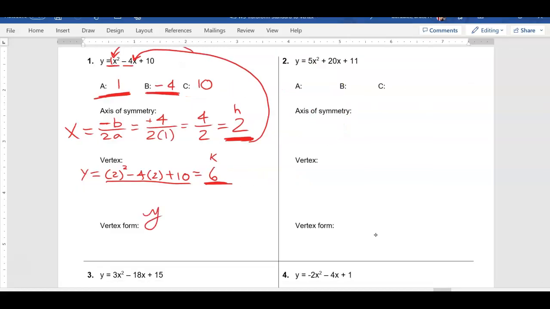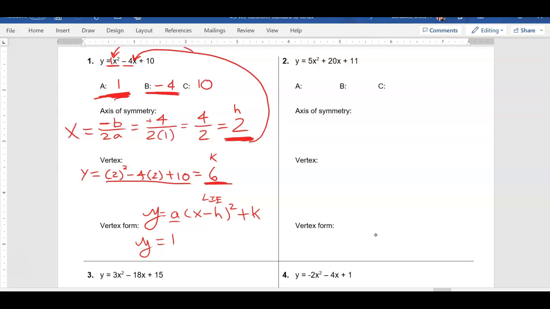Remember, the vertex form is y equals a(x minus h) squared plus k. Please remember, h is a lie. So what am I going to put? Y equals, what goes here? Hold on, what's a? 1. Now, if you write the 1, it's not wrong.